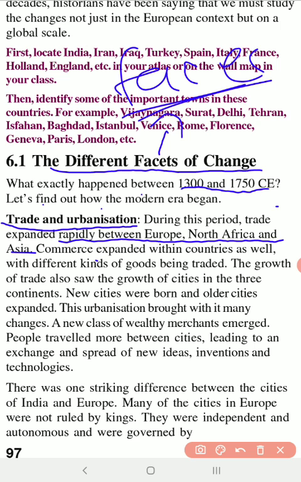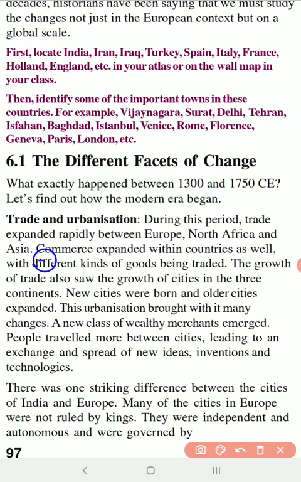Okay, now what happened as the trade began to expand, the commerce expanded within countries as well, with different kinds of goods being traded. Since the trade was booming, it created a lot of new cities. So usually, take for example, Bodha.